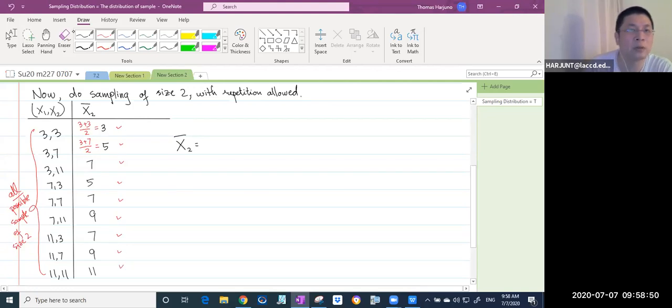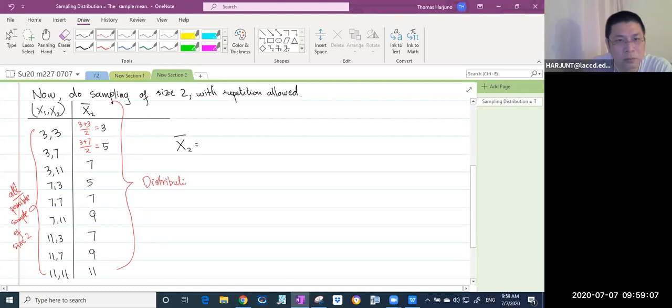Those are the possible mean if you do sampling of size 2. So what is this again? This is the distribution of sample mean.